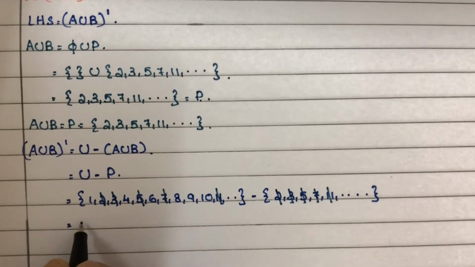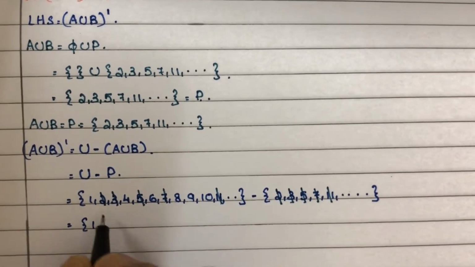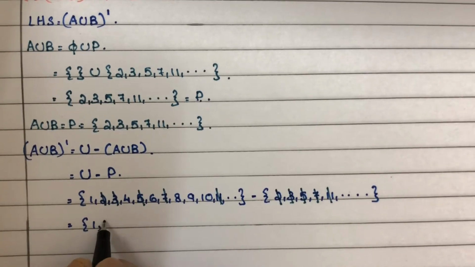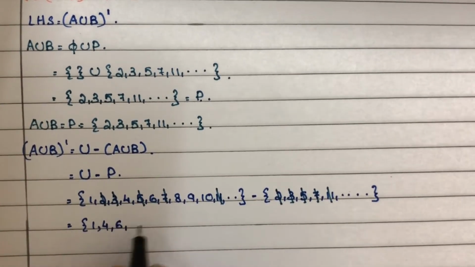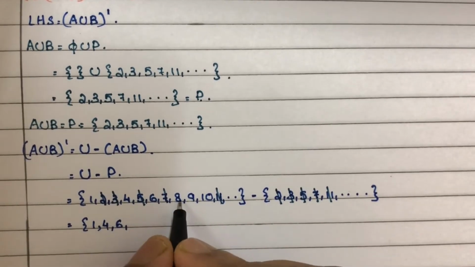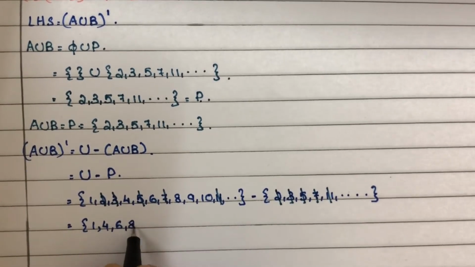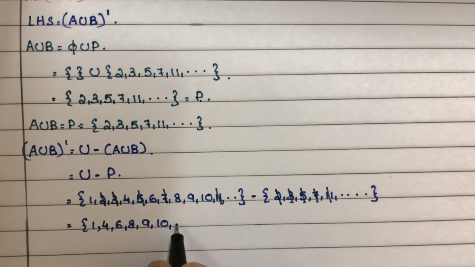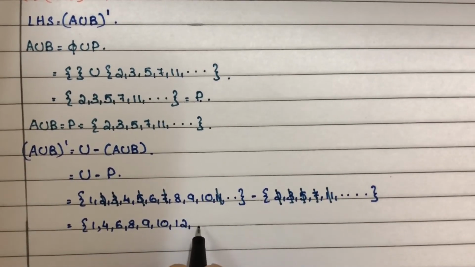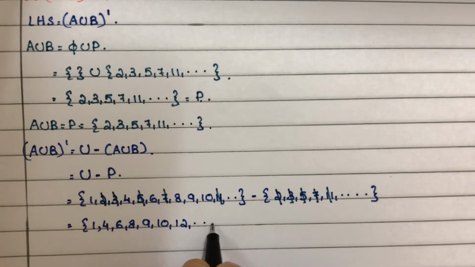That is 1, 2, 3 are prime numbers, 4, 5 is a prime number, next is 6, 7 is a prime number, 8, 9, 10, 11 is a prime number, 12, 13 prime number, so etc.